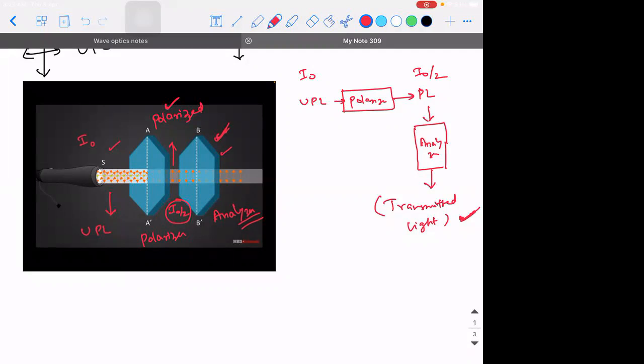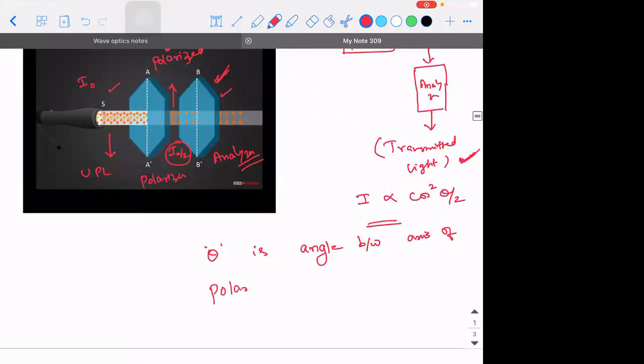When I naught by 2 is passed through the second polarizer, the intensity of the transmitted light is observed to be directly proportional to cos square theta, where theta is the angle between the axis of polarizer and analyzer. Please make a note of this point.